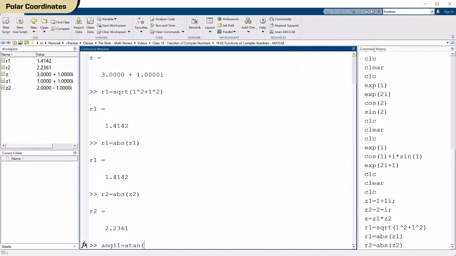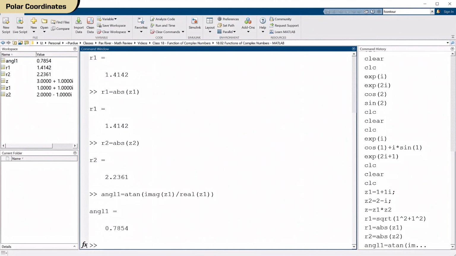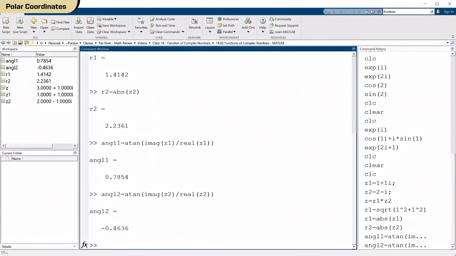So I just say atan, imaginary part of z1 divided by the real part of z1. And so I get that number back. That's the one we saw before. Let's try that for 2. Now I'm going to cheat here. I'm just going to edit the previous command. There, saw that before as well.